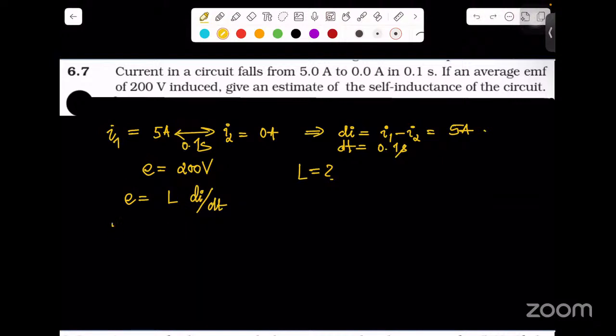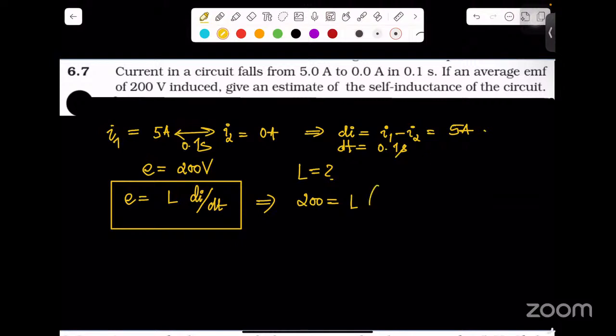Okay, so you need to remember this formula. L di upon dt. That implies 200 equals L times 5 upon 0.1, which is L times 50. So that implies your self-inductance comes out to be 4 Henries.